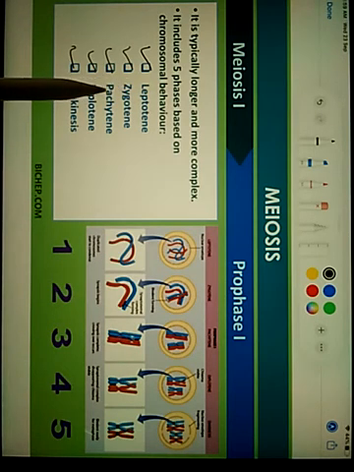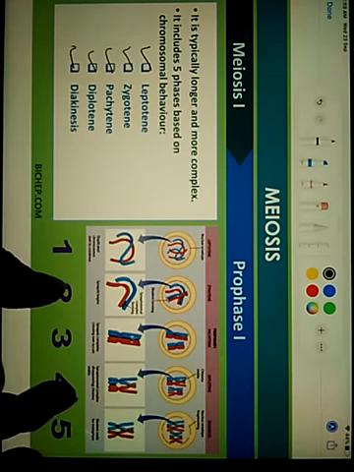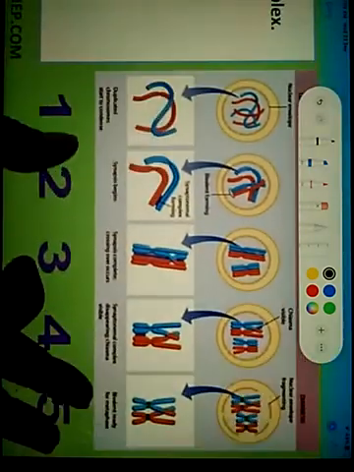So these 5 steps are responsible for the necessary changes which have to happen in your DNA, and it is done by exchange of genes, right? The responsible phenomenon which is happening here is exchange of genes.